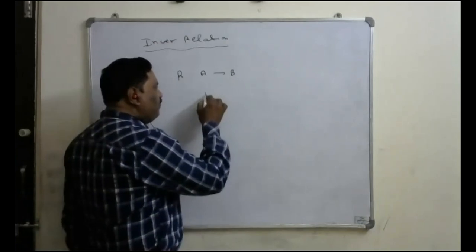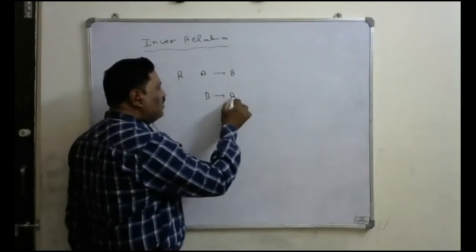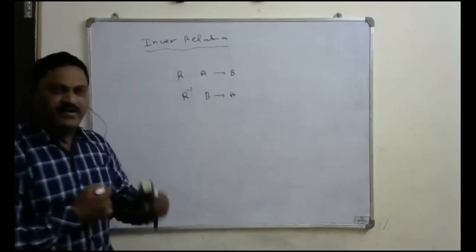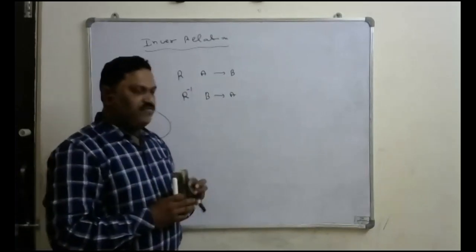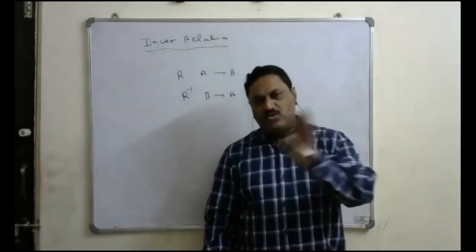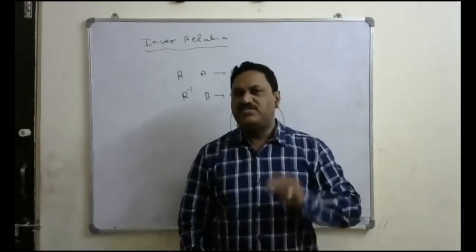Then the relation from B to A is called its inverse relation. That is represented by R inverse. If R is the relation from A to B, then the relation from B to A is called its inverse relation.